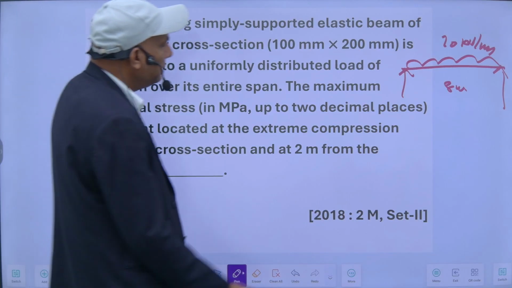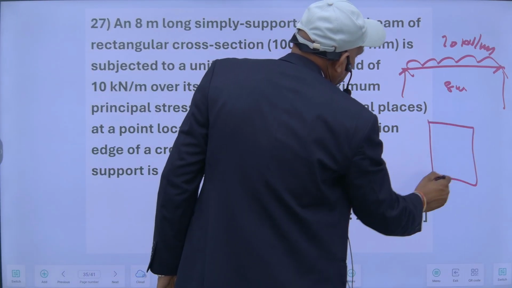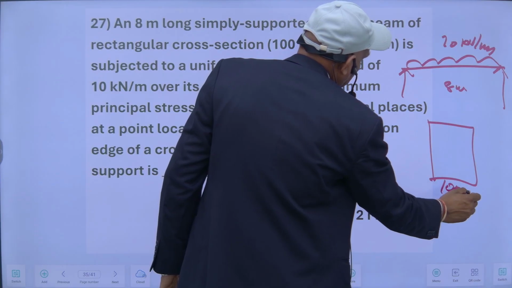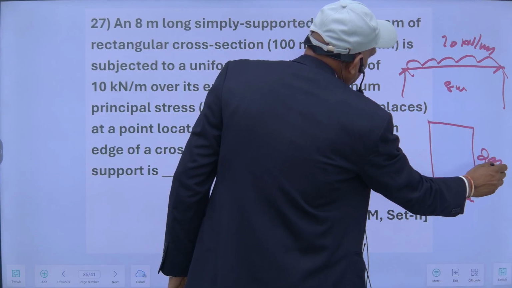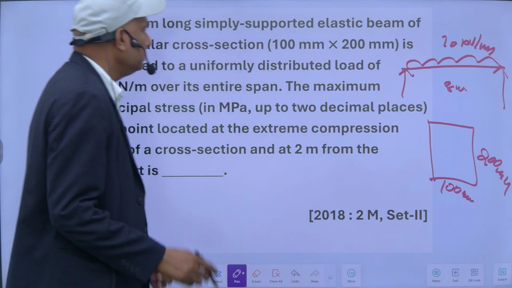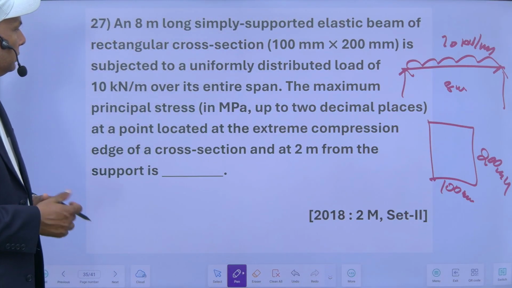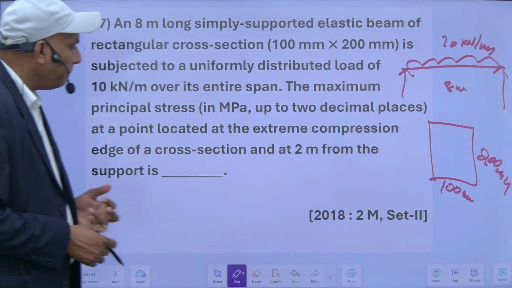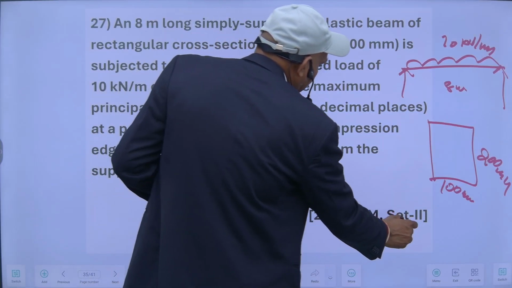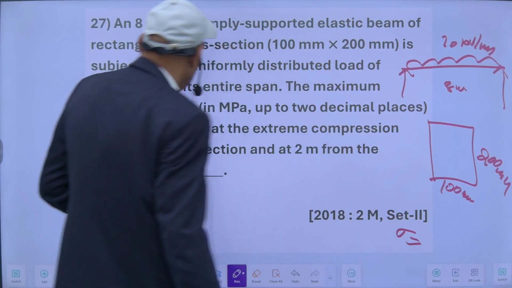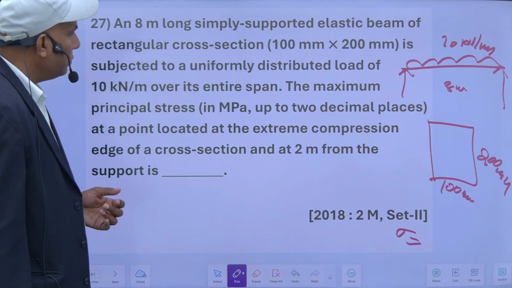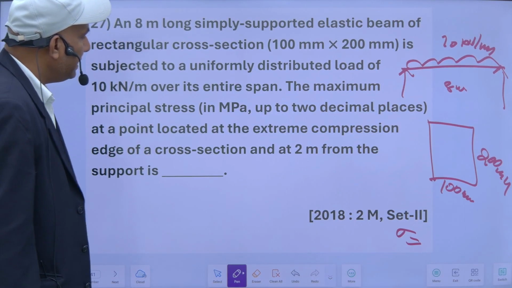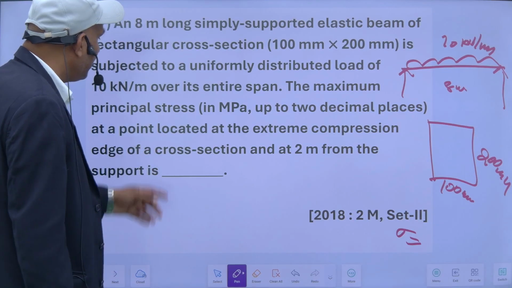Find the maximum principal stress, sigma, in MPa up to 2 decimal places, at a point located at the extreme compression edge of a cross section.